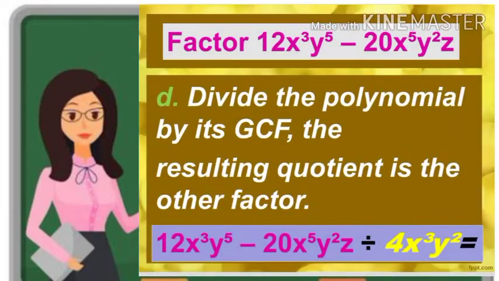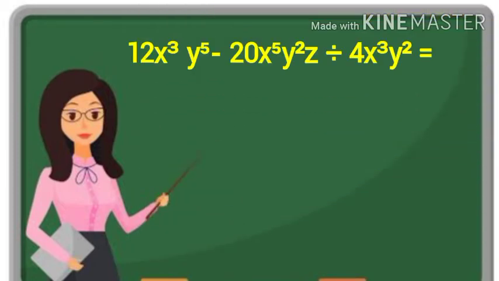Now, to completely factor the given polynomial, let us divide the polynomial by its GCF. The resulting quotient is the other factor of the polynomial.